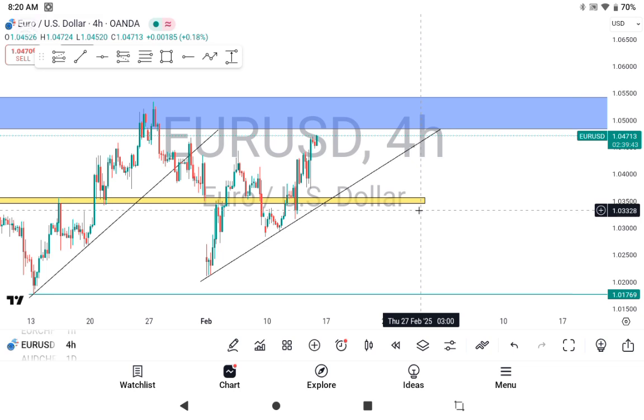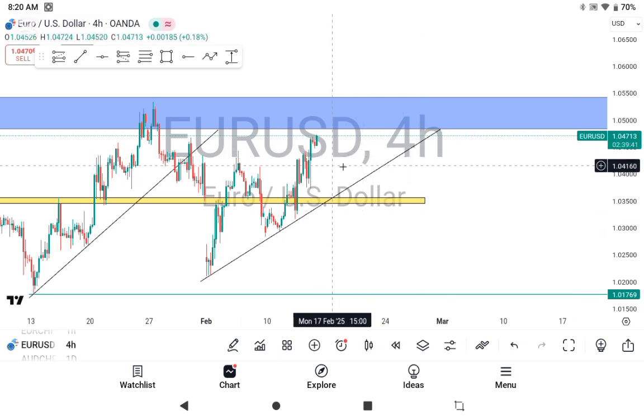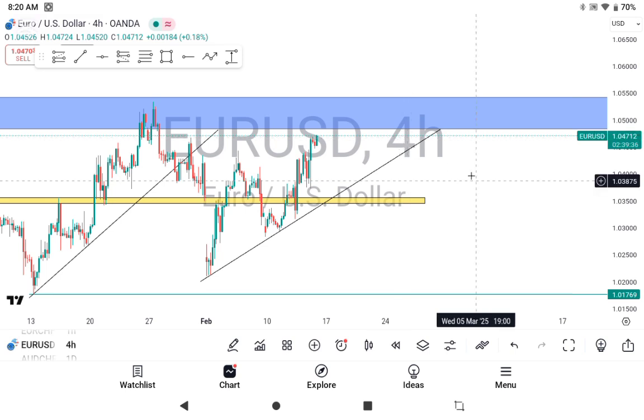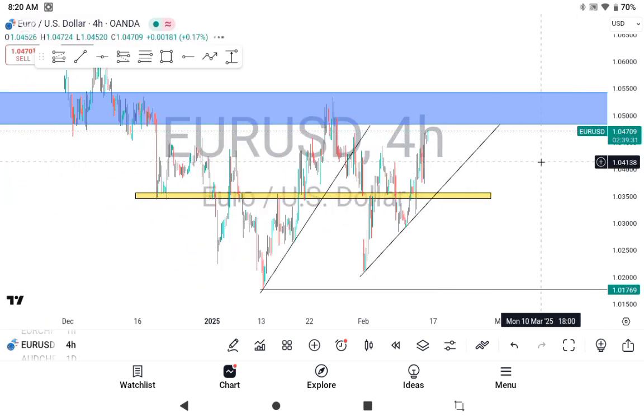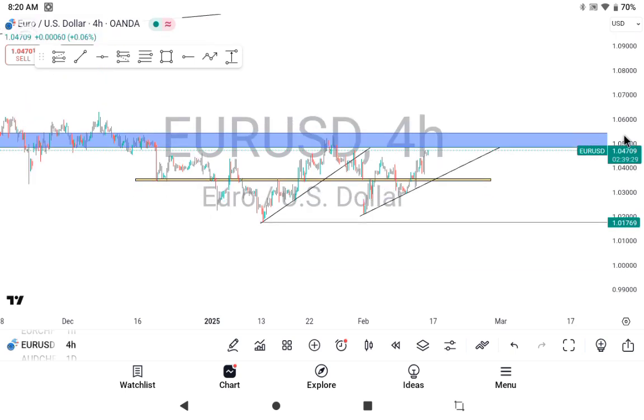Now, this empty space right there, EURUSD's price is still coming to fill this space properly before pushing to the downside.